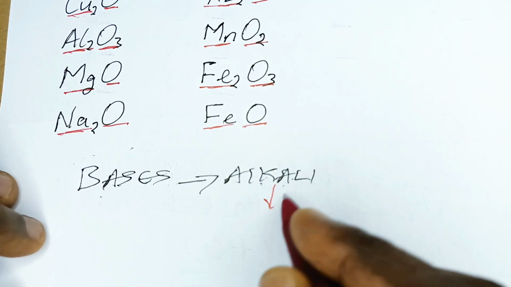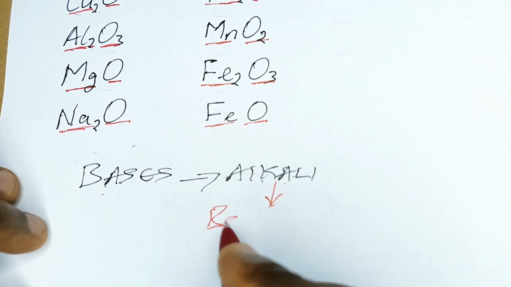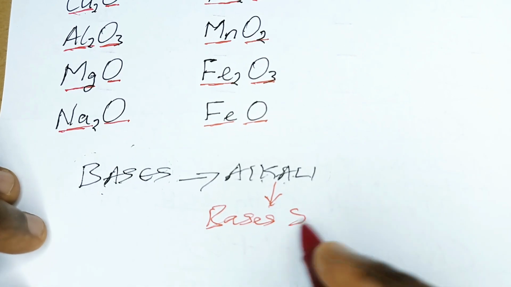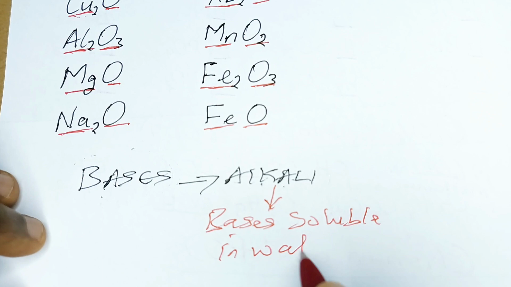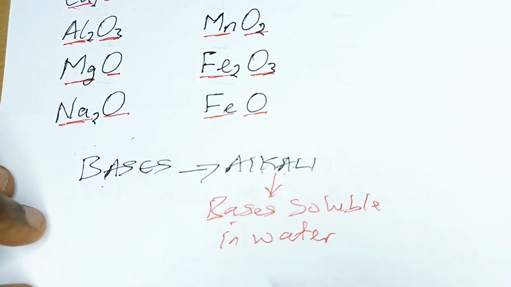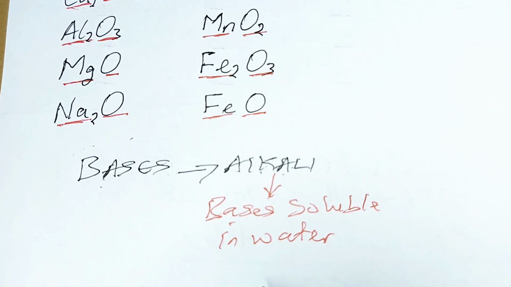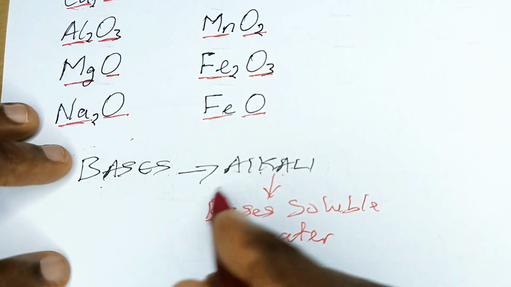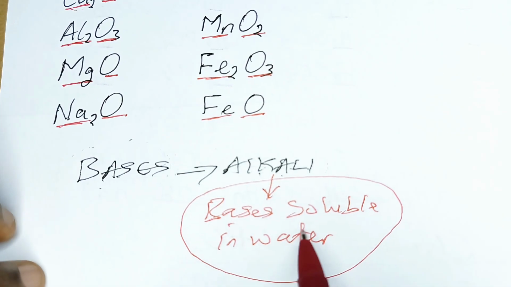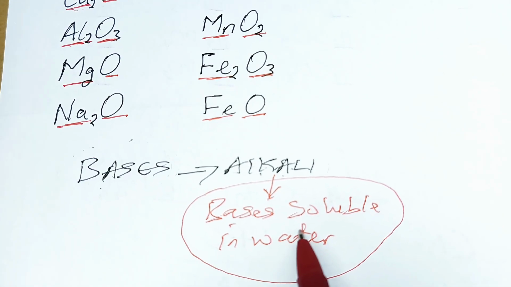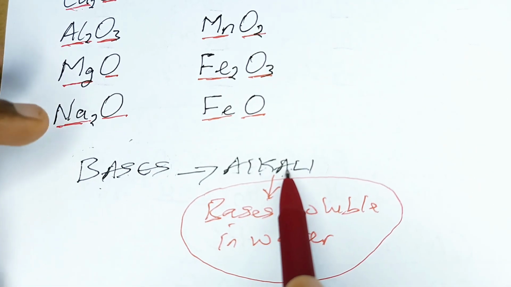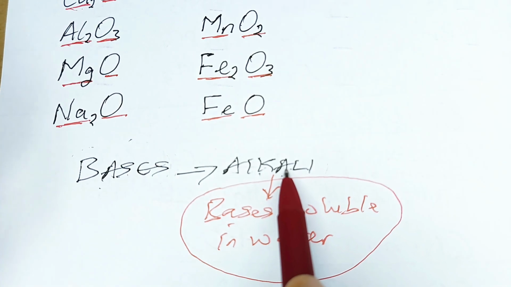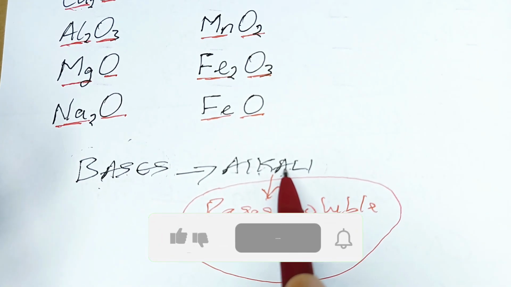Alkalis are those bases that are soluble in water. So some people say alkalis are soluble bases, and it is just as simple as that. So this is the secret that you need to know, which means all alkalis are bases, but not all bases are alkaline.